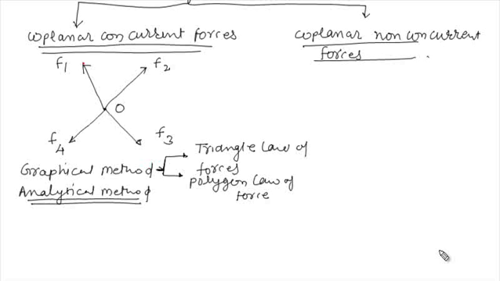Now let's talk about how we can solve the coplanar concurrent force system for finding the resultant force. So the analytical method. What we have to do? In the analytical method, we are interested in coplanar forces, so our coordinate axes are like this, x and y.